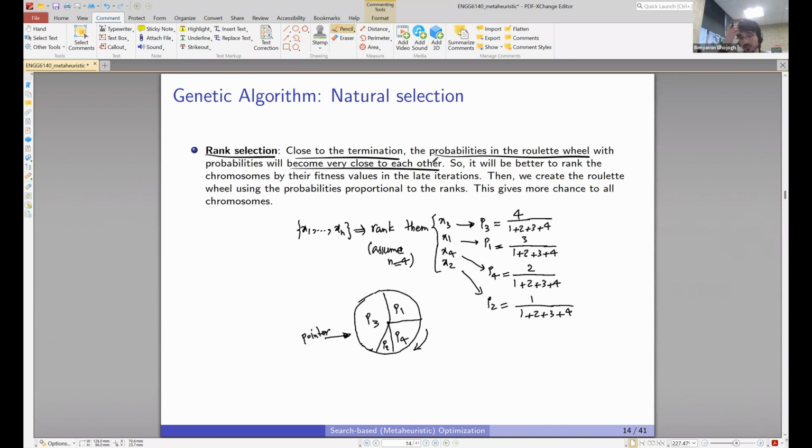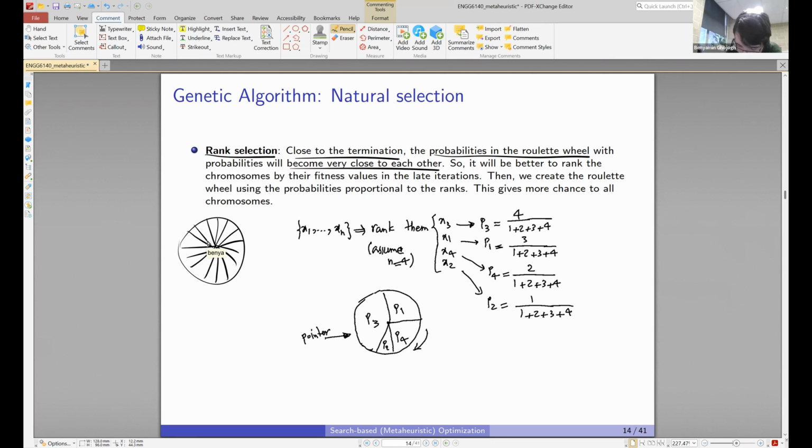Initially, of course, the candidate solutions are very different from each other, so they have different fitness values. So it means that in the roulette wheel they have different areas. However, close to the termination of the algorithm, their area is very similar, so they are almost all very good. So we'll have a roulette wheel like this, almost with the same areas.